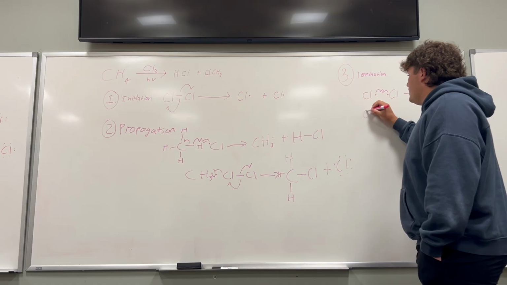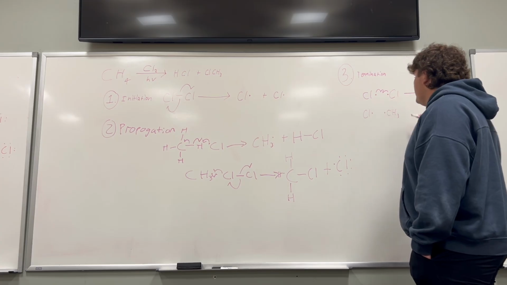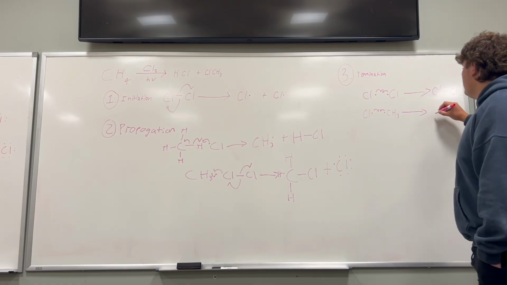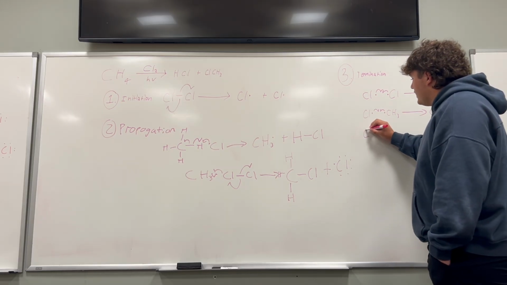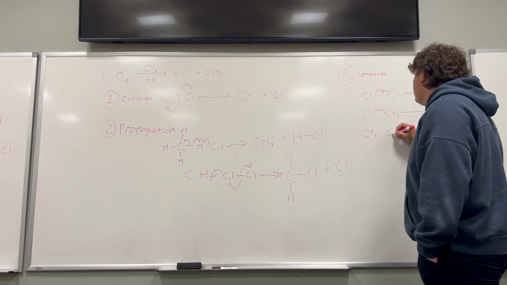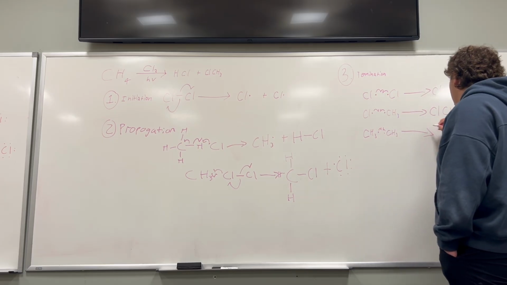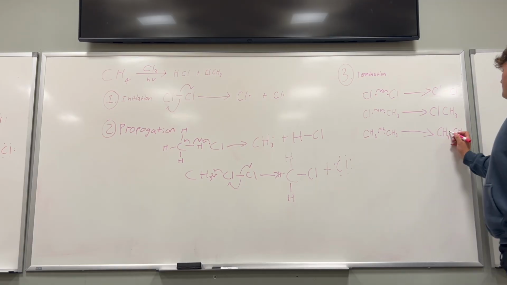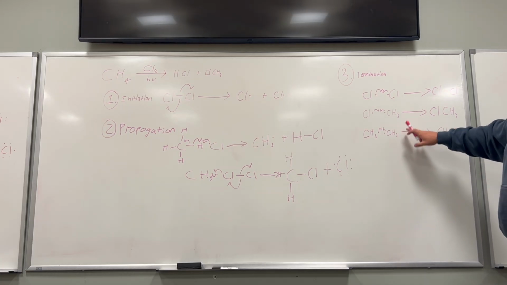You can also get a chlorine radical that reacts with a CH3 radical, which will give you a CH3Cl, or you can get two CH3 radicals that react with each other and form that bond. So while all this other stuff is happening, there's also a bunch of minor products being formed, and that can be by any combination of these radicals.